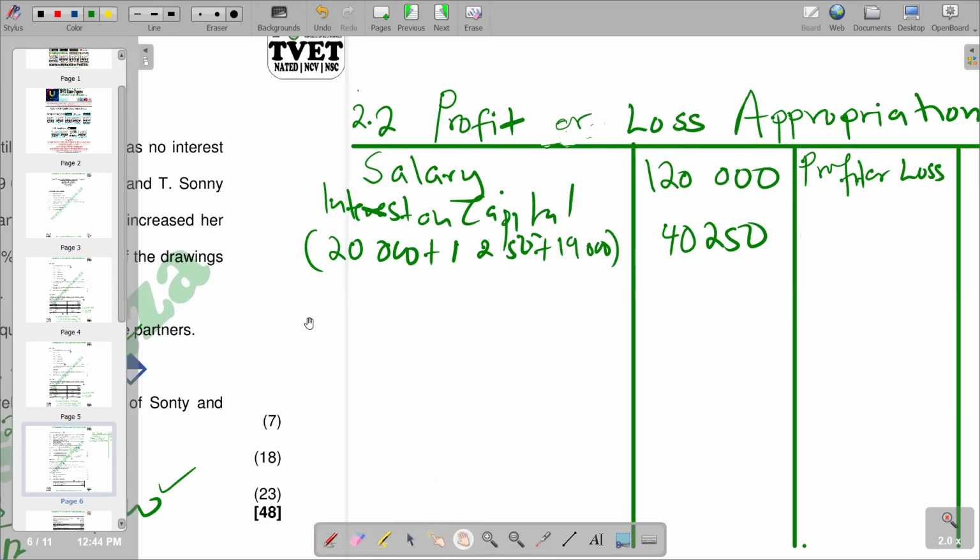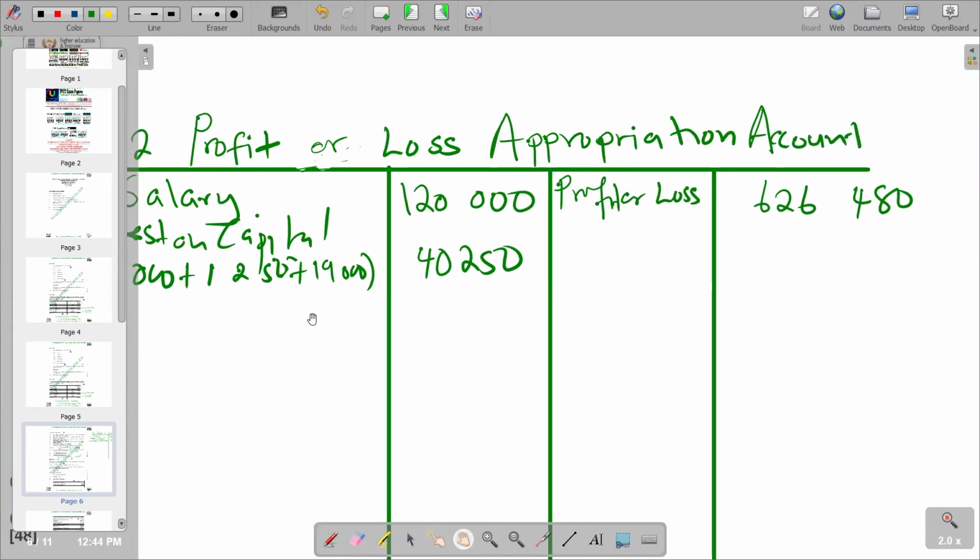Remember, interest on drawings is supposed to be on the credit side. So here we are saying interest on drawings, and we are adding 3,000 plus 4,500.